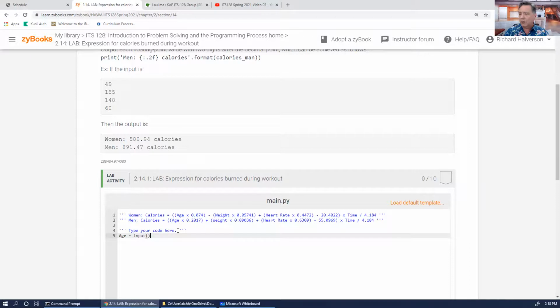That's going to be years. Weight equals input. And heart rate equals input. And the last one is time equals input.